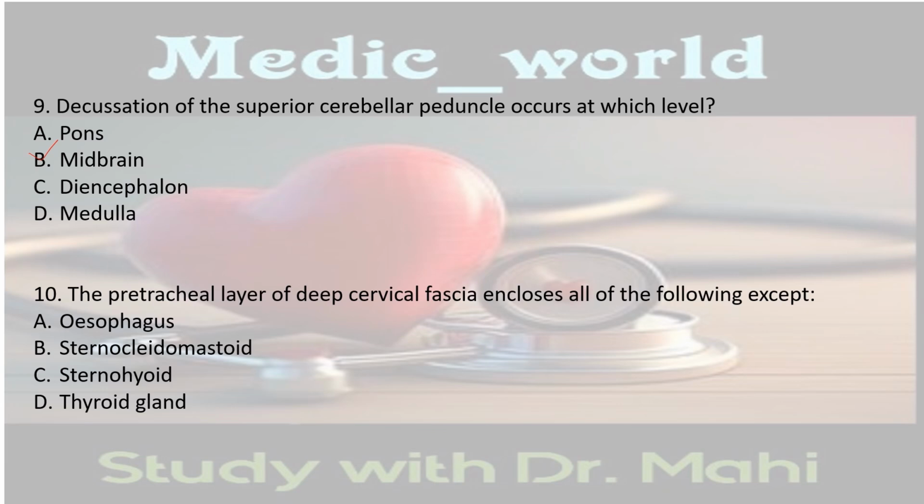Sternocleidomastoid, no, because it is enclosed in the investing layer of deep cervical fascia. Let's see the other options. Sternohyoid and thyroid gland. All of the structures are enclosed within the pretracheal layer except the B, that is sternocleidomastoid. So the answer is option B.